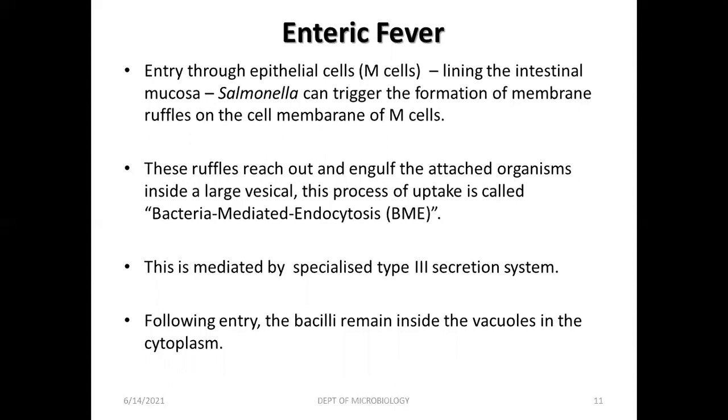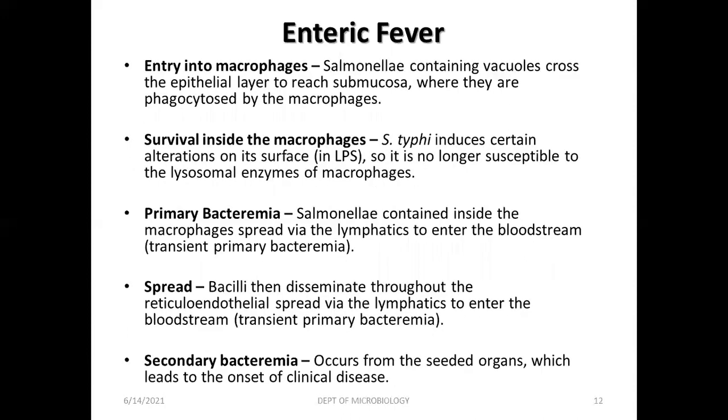Following their entry, these organisms remain inside these vacuoles in the cytoplasm. Now these organisms, which are present inside the vacuoles, get engulfed, so they enter into the macrophages. How do they get inside the macrophages?